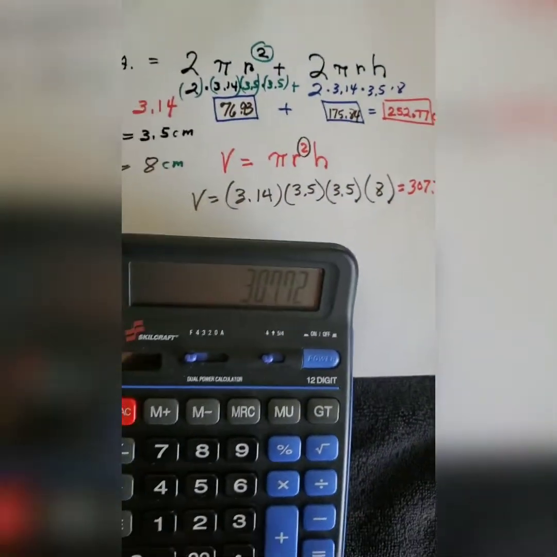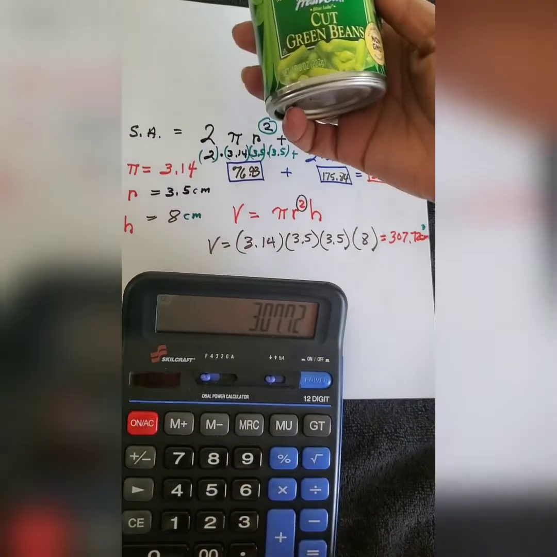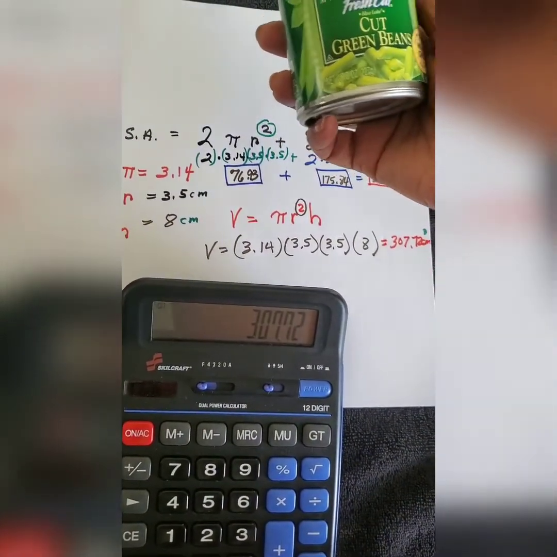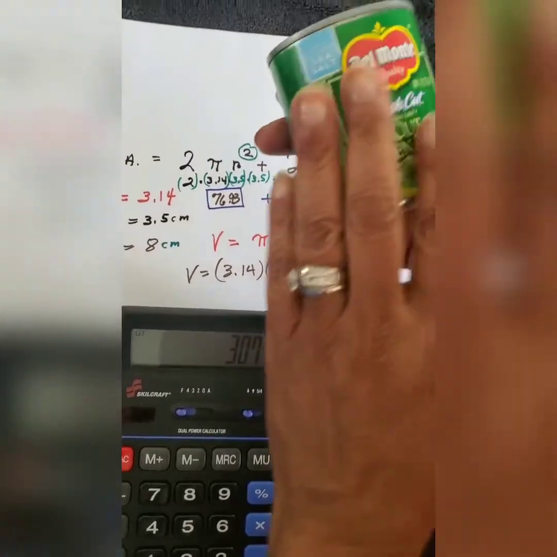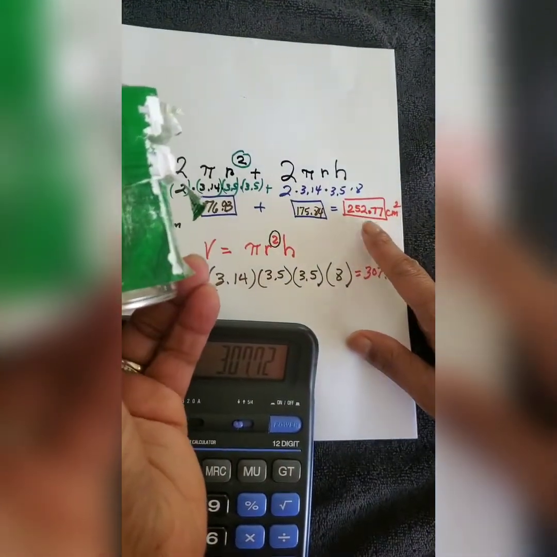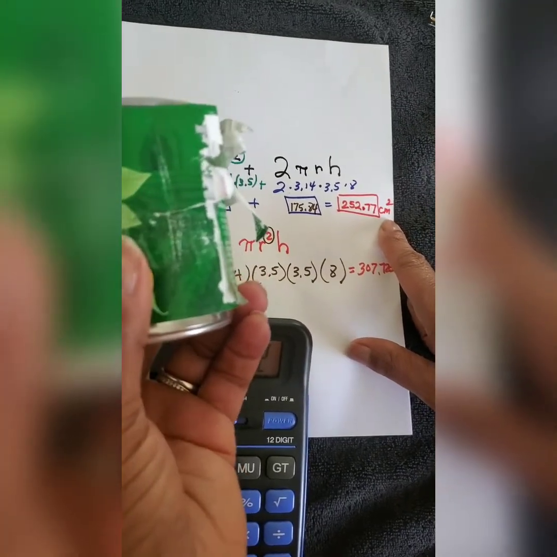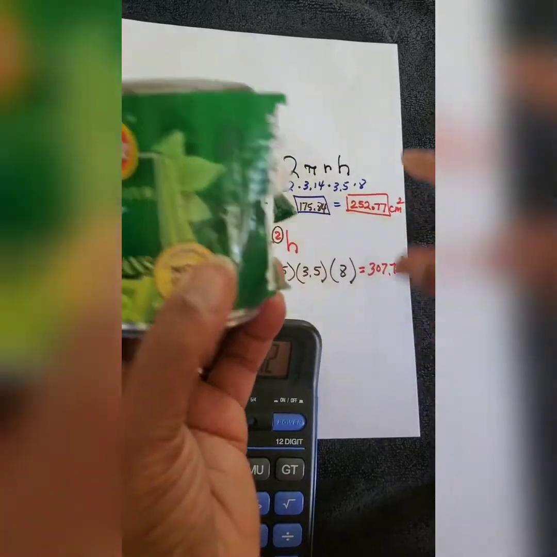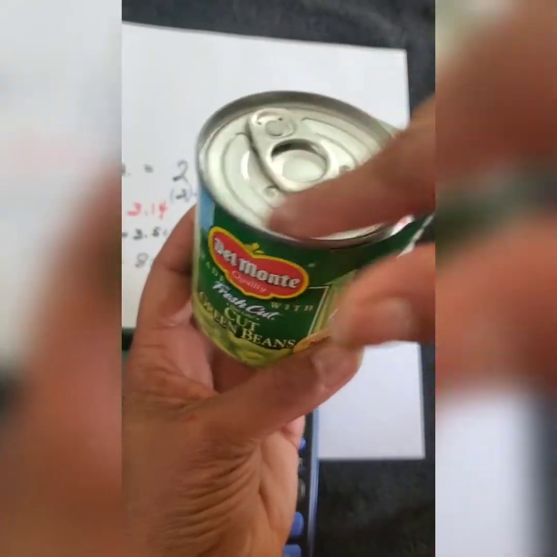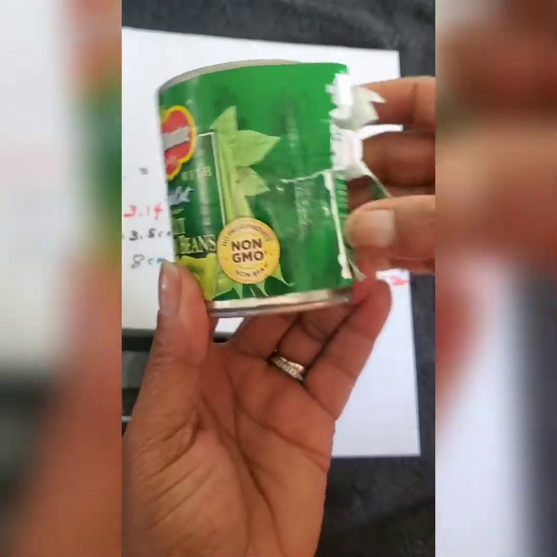Again, this is how we find the surface area and the volume. So the surface area of this can is 252.77 centimeters squared. Remember, surface area is the area of all the parts needed to cover this can. It's the top, the bottom, and the paper.